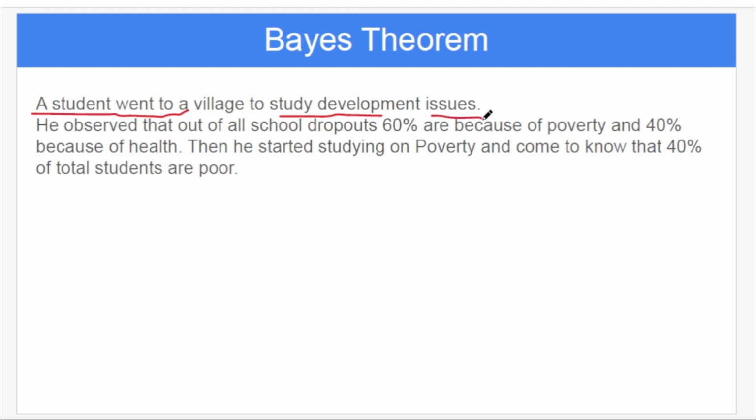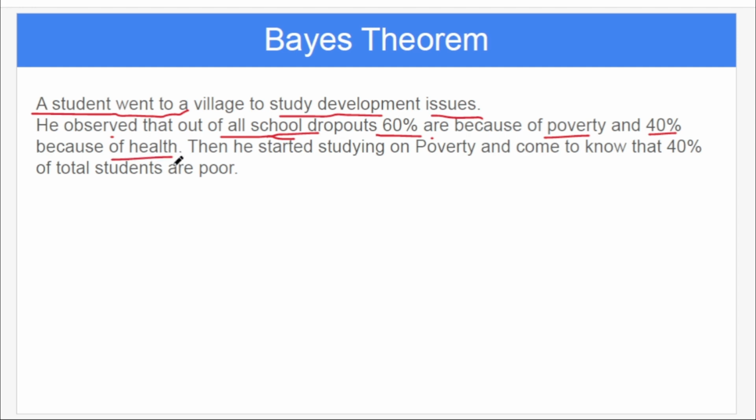The student has gone down, in case you are a student of TDA, that is, you have gone for your fieldwork segment 1, and you have observed that there are some school dropouts. Out of those school dropouts, 60% are because of poverty and 40% are because of health.